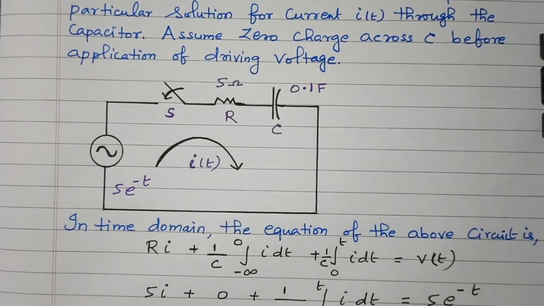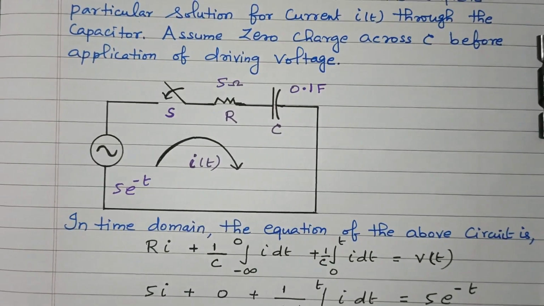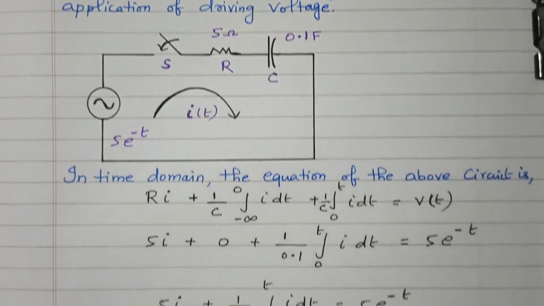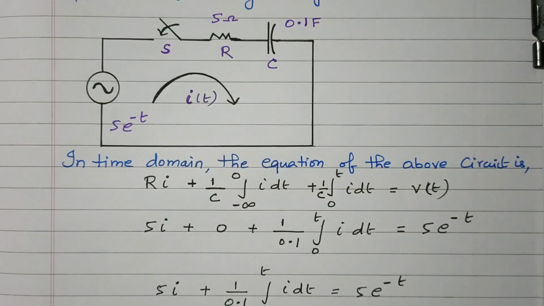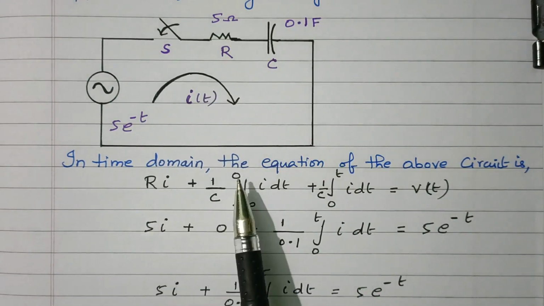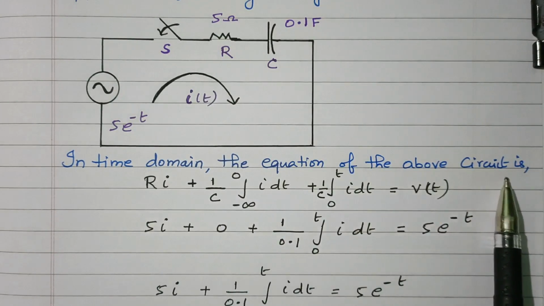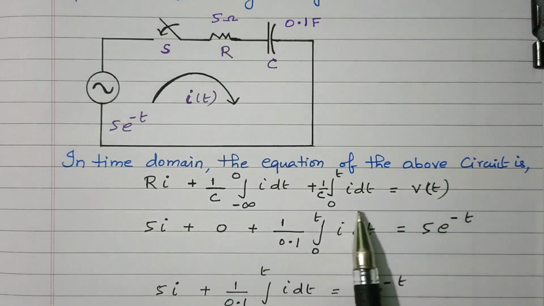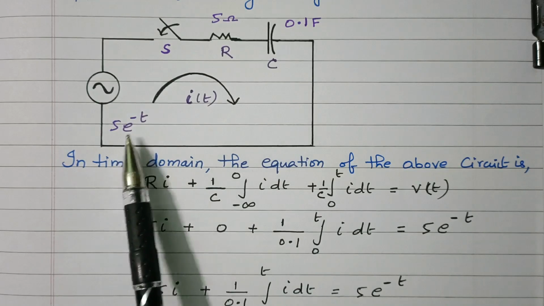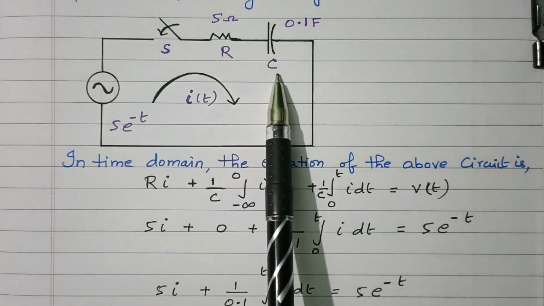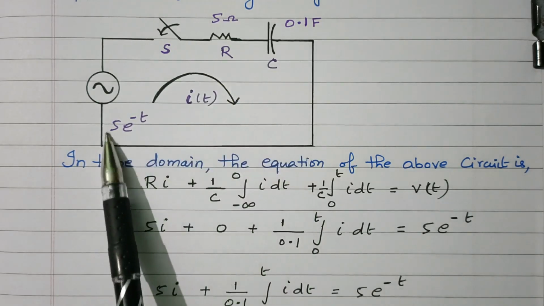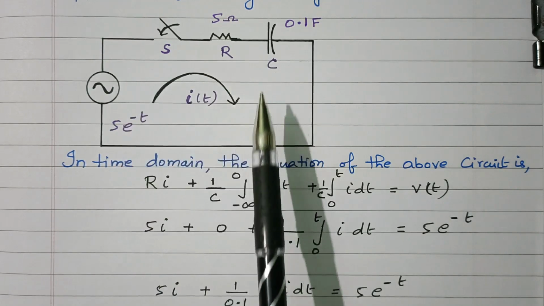Now first we need to frame the equation for the given circuit by using the Kirchhoff's voltage law. In time domain, the equation of the circuit is given using the Kirchhoff's voltage law. Applied voltage equal to voltage drop across resistor and capacitor. Otherwise, voltage rise equal to voltage drop.